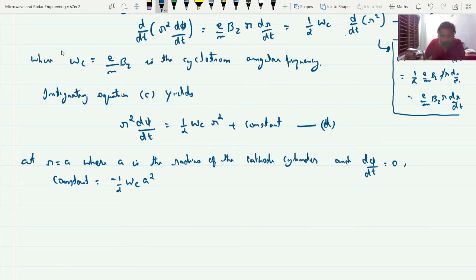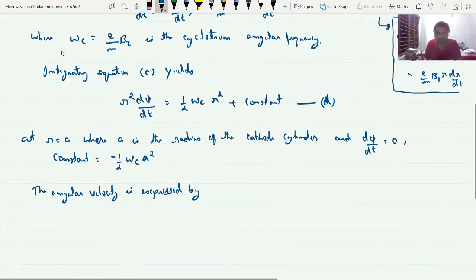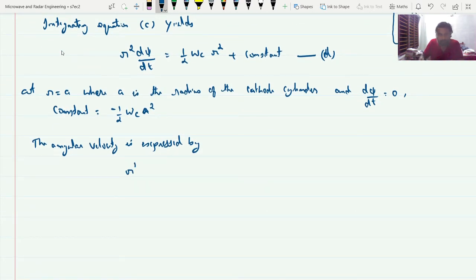Then the angular velocity is expressed by r square d phi by dt is nothing but 1 by 2 omega c r square minus 1 by 2 omega c a square.